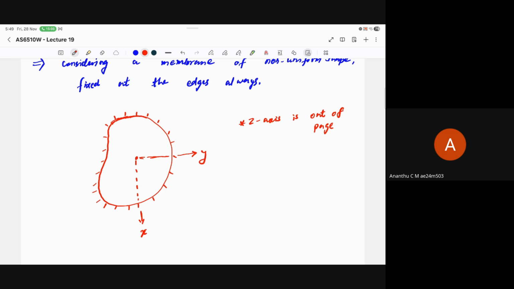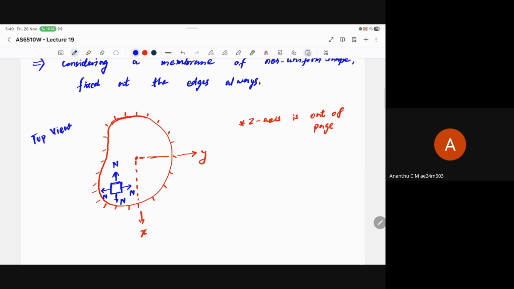And then if you take some part of this membrane somewhere, so let us take this part. At this particular element of the membrane, you will have tension force, and that tension force is denoted by N. So this is sort of a top view.